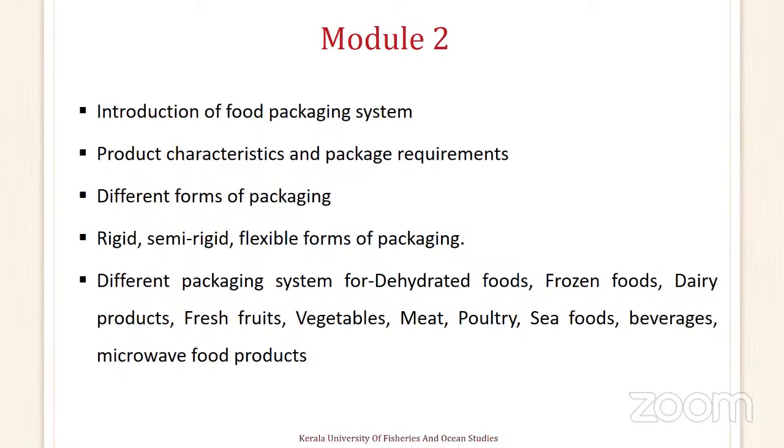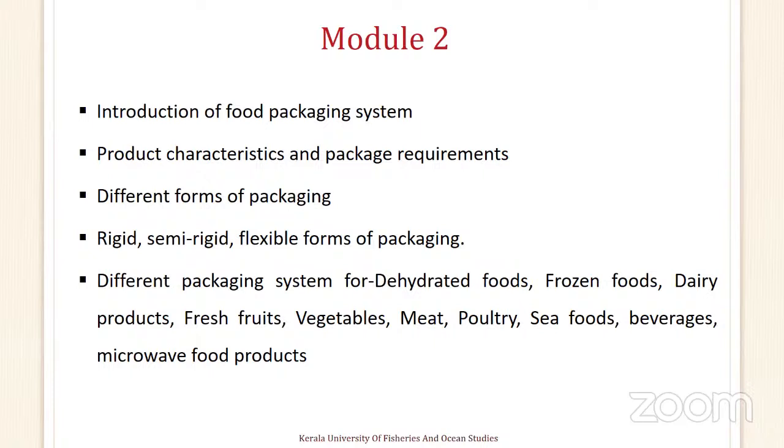So it is not just extending the shelf life, but also preserving the contents and the nutritional value, so that whatever is there initially is not lost during any process till it reaches the consumer.